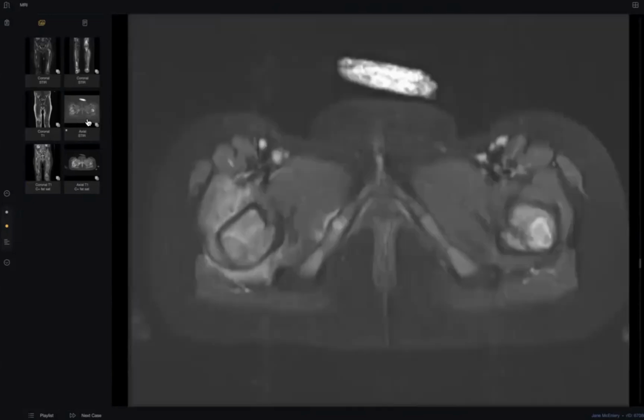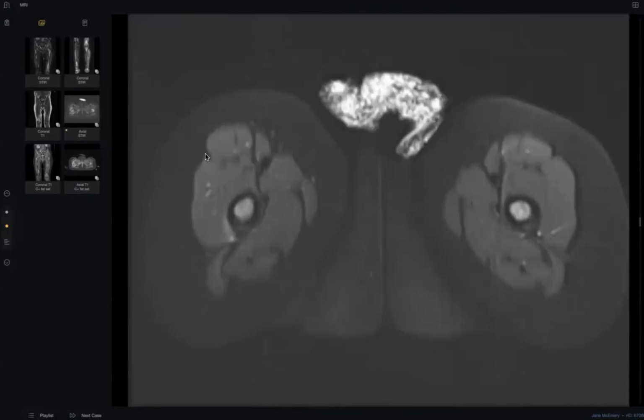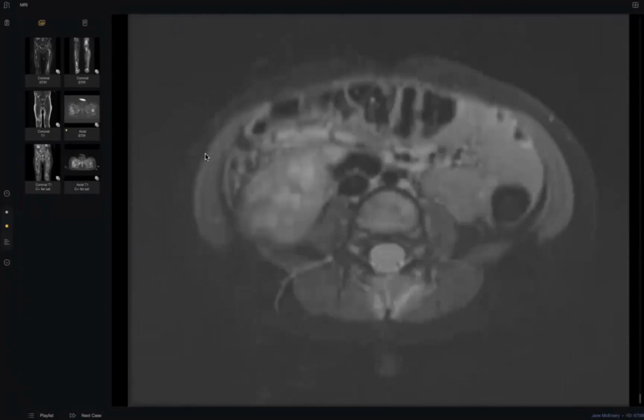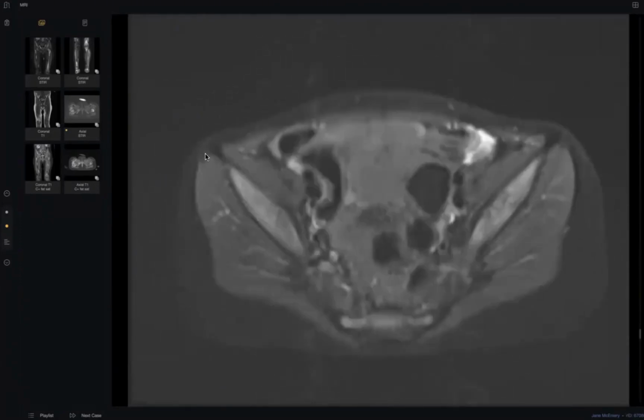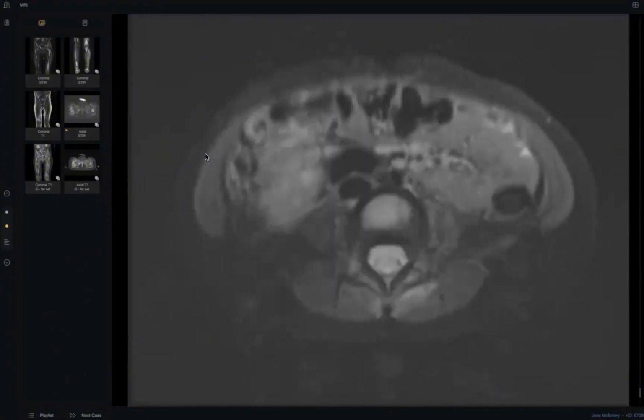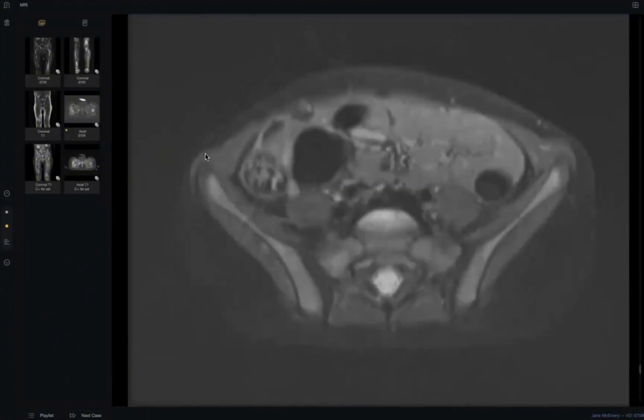Okay, one second. Okay, so these are the axial images, starting from top and scrolling, I can again appreciate the visualized lower abdomen and the pelvic viscera.